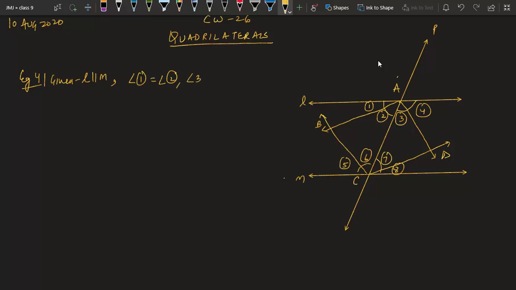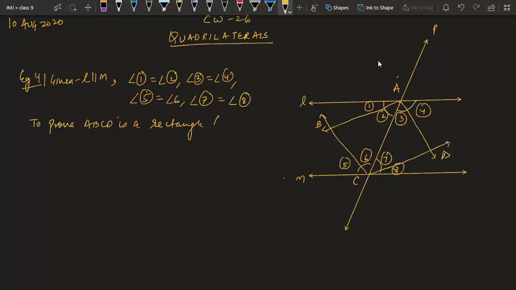Then 3 equal to 4 because AD is the bisector of this angle. Similarly, angle 5 equal to angle 6 and finally angle 7 equal to angle 8. This is given to us. We have to prove that ABCD is a rectangle.